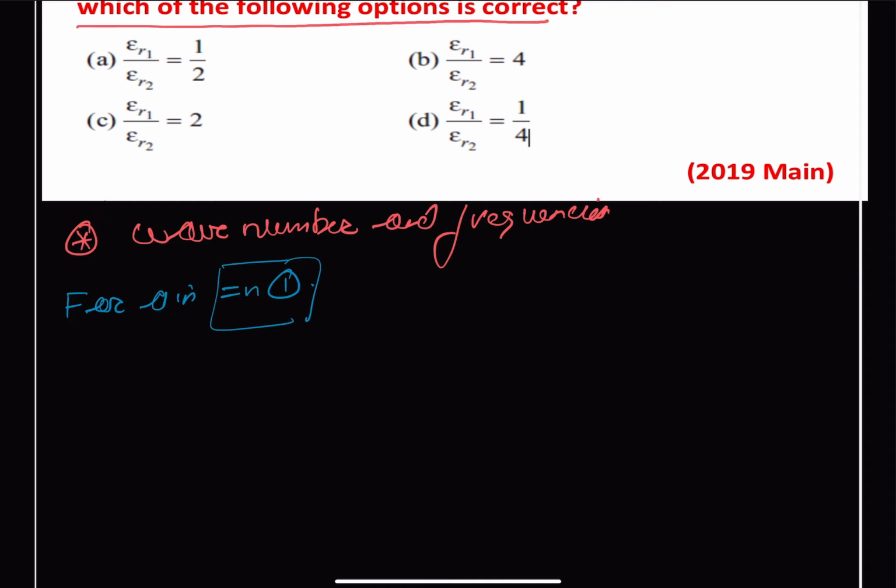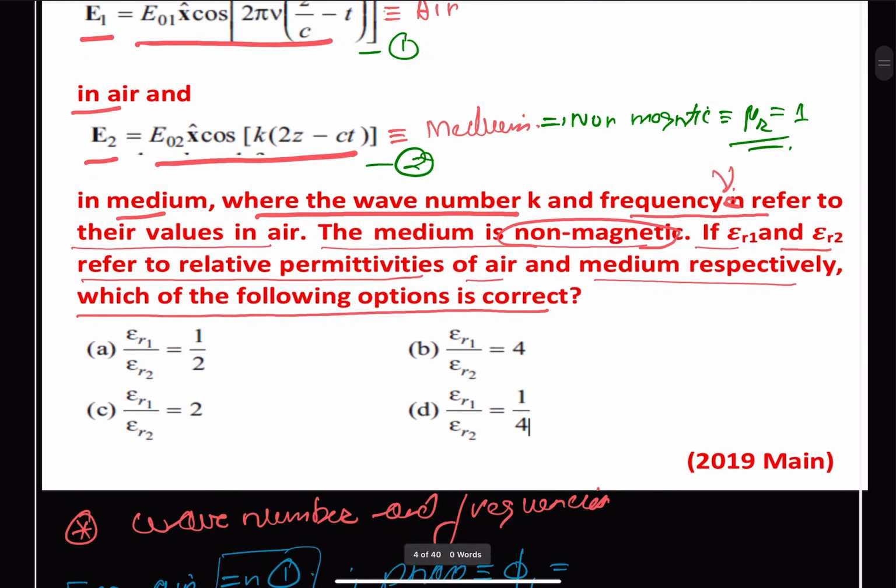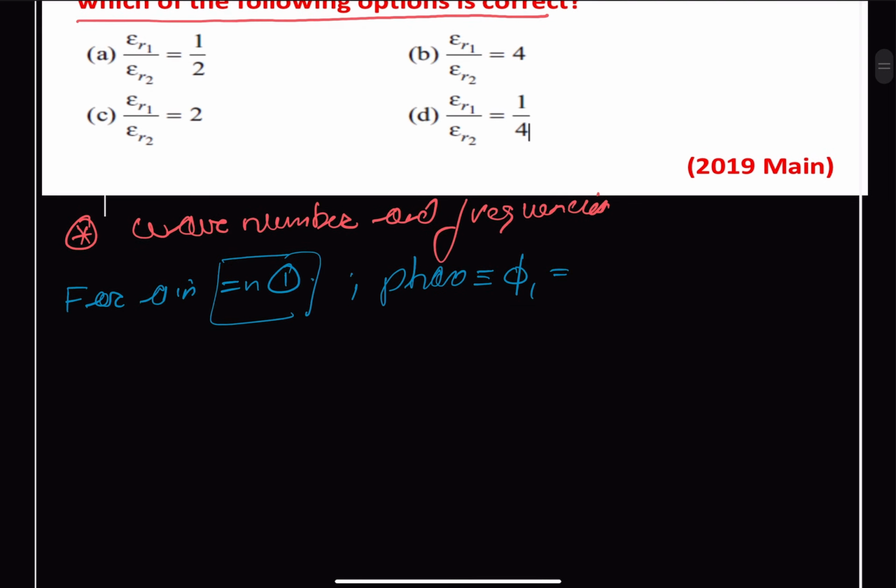So for air we can write that our phase, let us call it phi 1, will be equal to 2 pi nu times z upon c minus t.